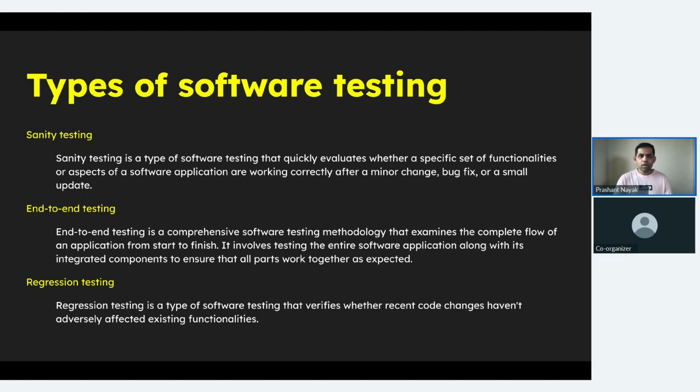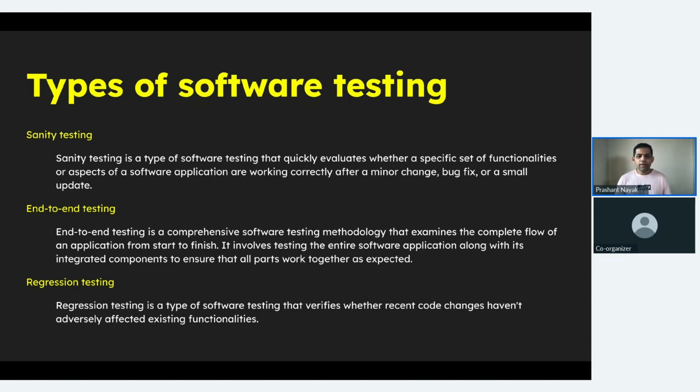That is one integration of the software with a different application, and there may be many other integrations as well. So when we do end-to-end testing, we make sure that the overall application, along with its integration to third-party applications, is tested.